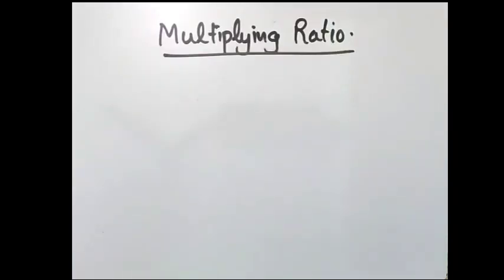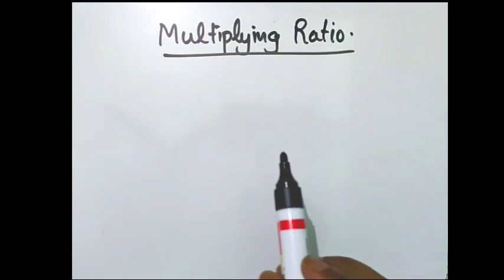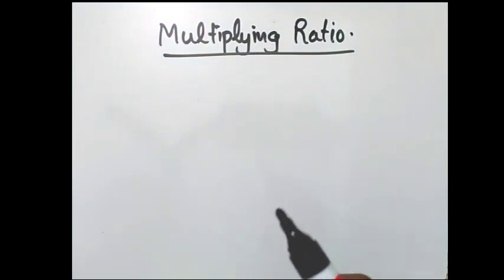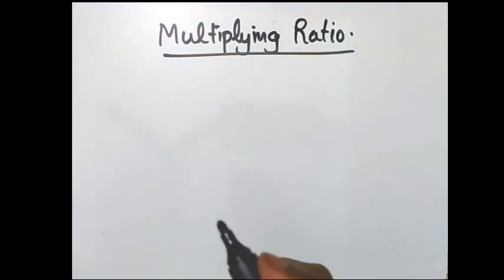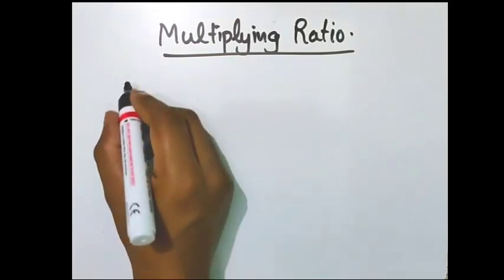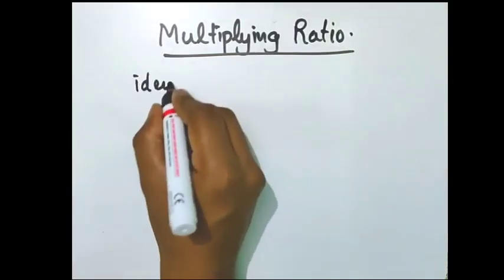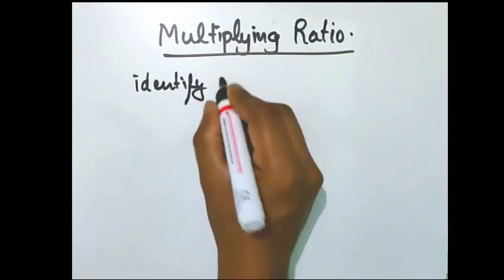Now in order to solve the problems on direct and inverse variation using the multiplying ratio method, you need to have a clear idea of what multiplying ratio is. So to find the multiplying ratio, first we need to identify the variation.